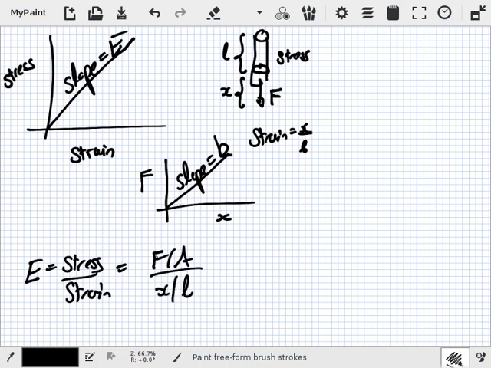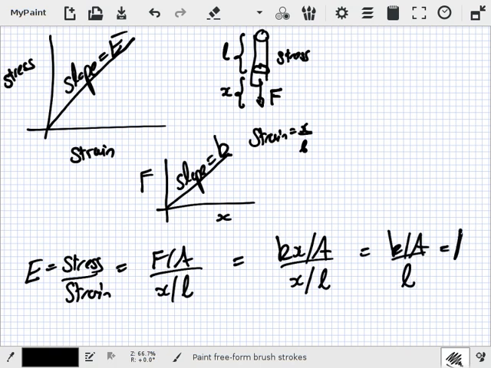Well, what did Hooke say force was for a stretchy material? Kx over area, over x over length. So the x's cancel, so you're left with K over A over L, which is L over A times K.